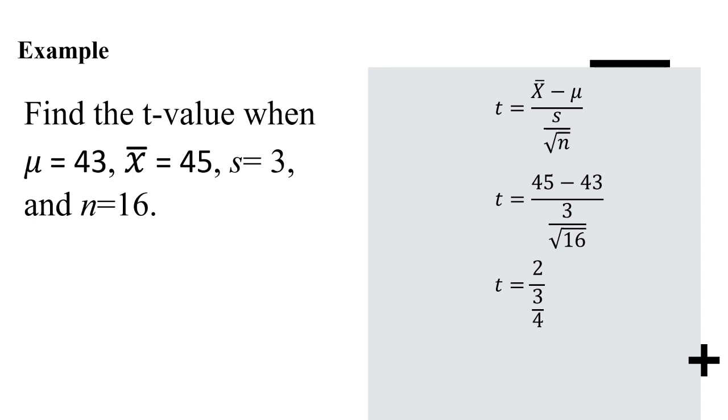Simplifying the numerator, we have 45 minus 43, that is 2. Simplifying the denominator, the square root of 16 is equal to 4. Now, we will have our equation, that is t is equal to 2 divided by 3/4. Simplifying it, we will now have a t-value equal to 2.667.